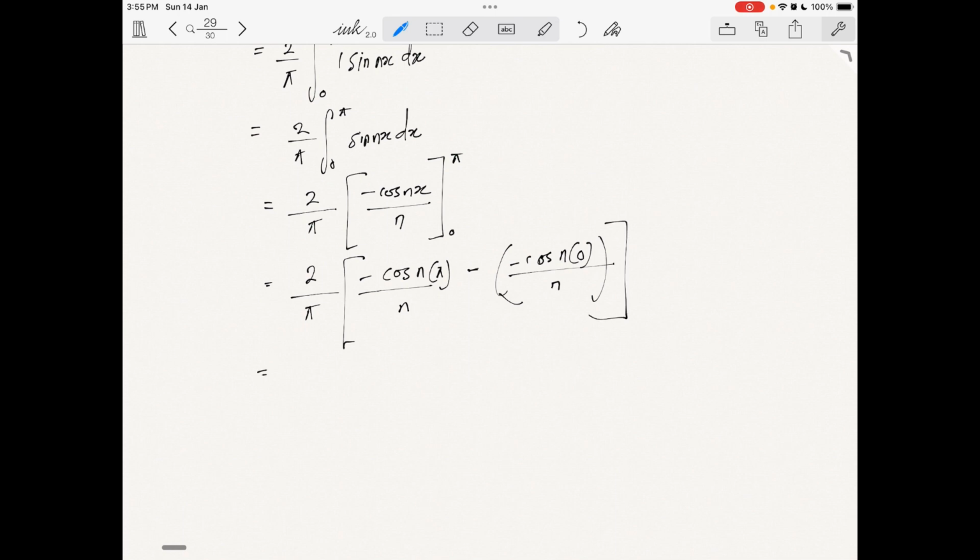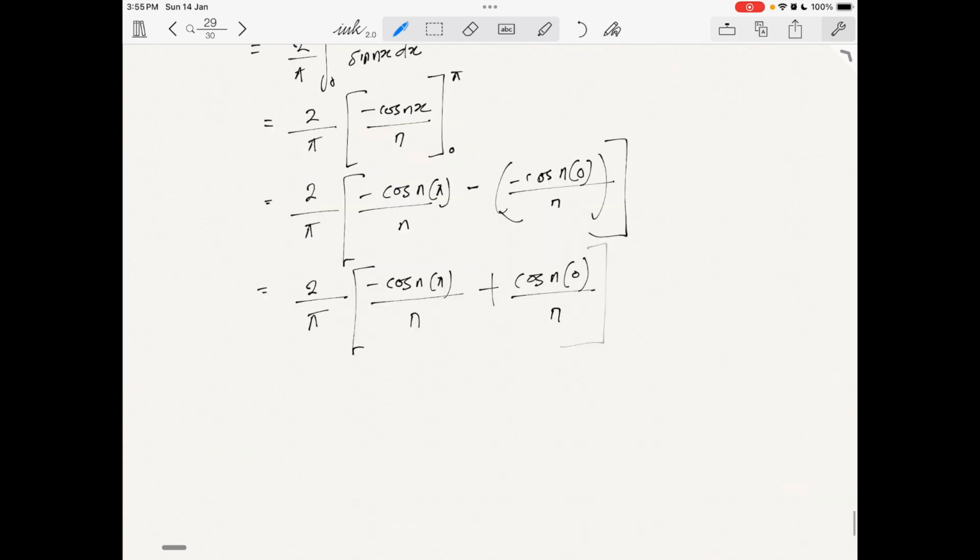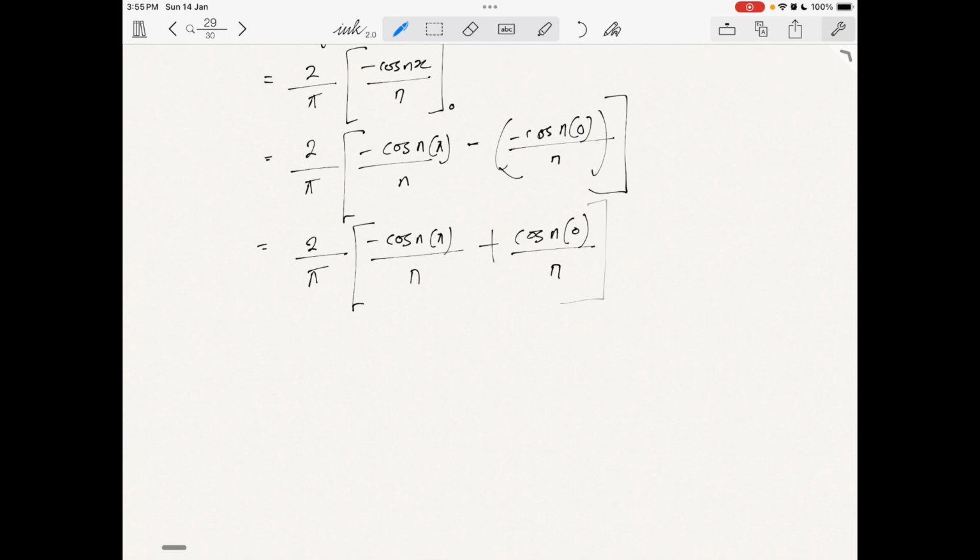Now simplifying further, we have 2 over pi of minus cos n pi over n plus cos n of 0 over n. Now we know that cos n of 0 is equal to 1. However, cos n pi can be equal to plus 1 or minus 1 based on the value of n.